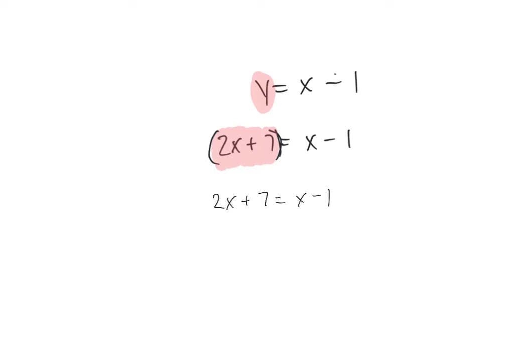Why were we able to take away the parentheses? Very good. There's nothing outside the parentheses to distribute, so we can just take them away. Giancarlo, what should I do next? Let's move the variable all to one side. So what do you want to do? Minus x. Okay, let's subtract x from both sides. Angelina, what am I going to get?